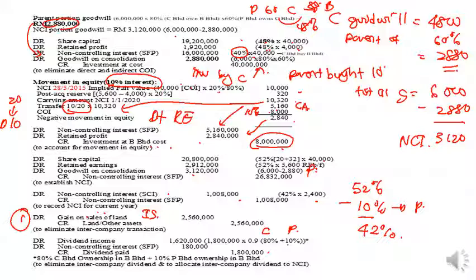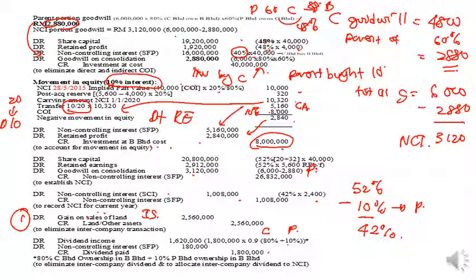Then you're going to look at the NCI. Since parent has 48%, NCI has another 52% here. So 52% times this one at the beginning here. So you're going to have share capital times 52% times 40. RE here is RE brought forward 5600, so 5600 times 52%.